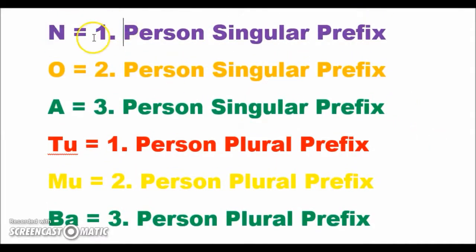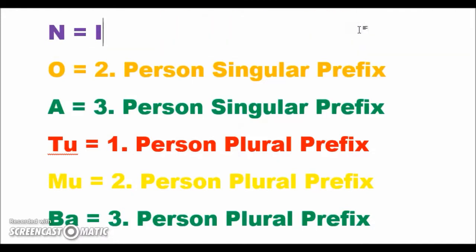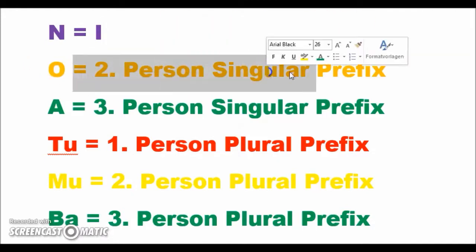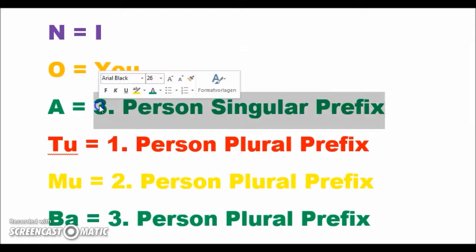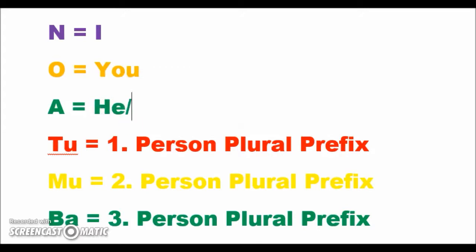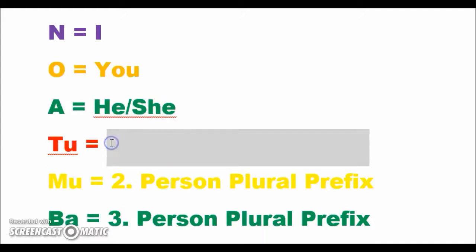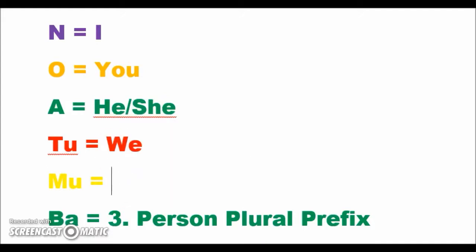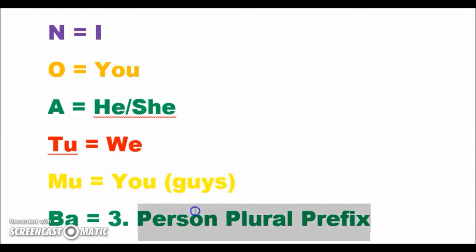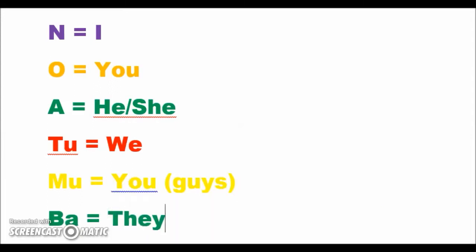N for I, O for you, A for he or she, tu for we, mu for you guys, you plural, and ba for they.